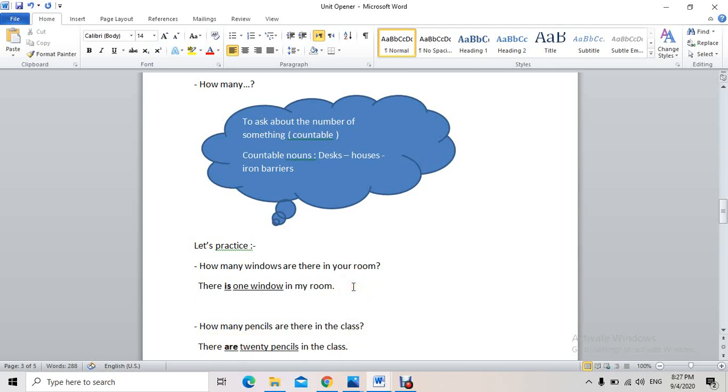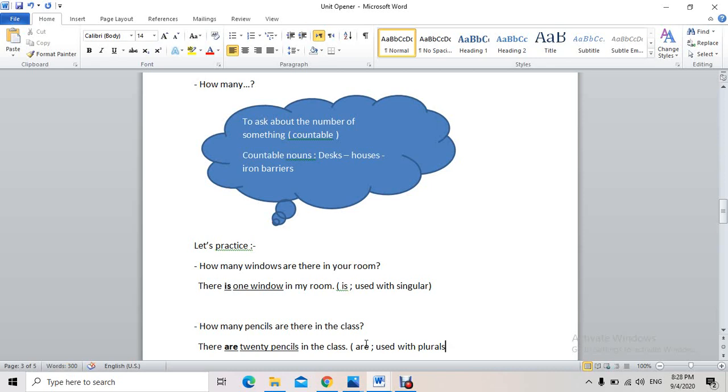So, the verb is is usually used with singular, like one of that something, while the verb are, we usually use it with plurals.